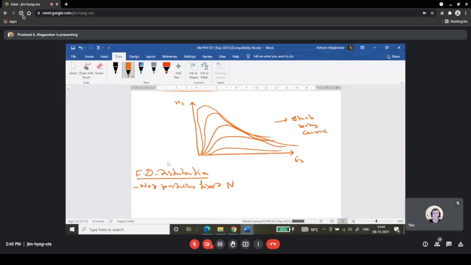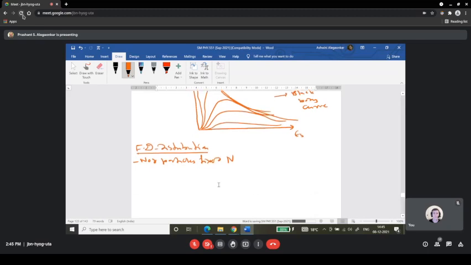Once we put this restriction, things will become a little bit complicated. The relation we have written, this relation for ns bar, is going to be modified. ns bar is equal to summation over ns e raised to minus beta epsilon s ns.